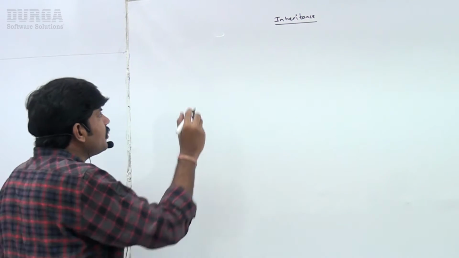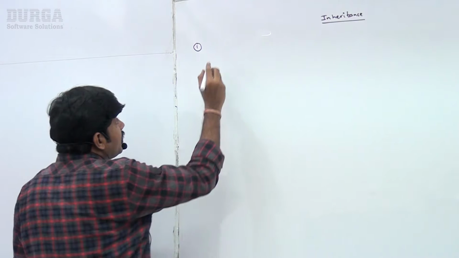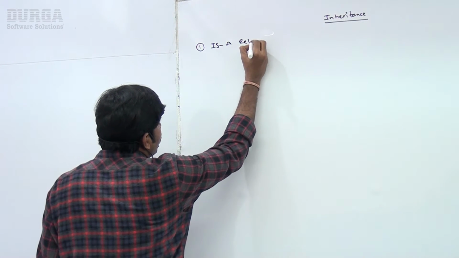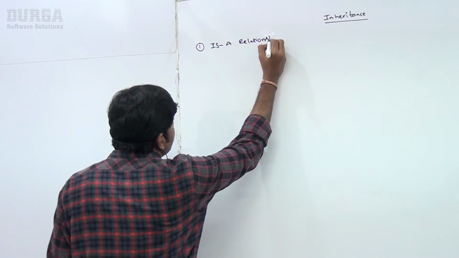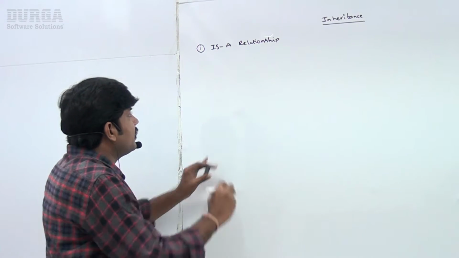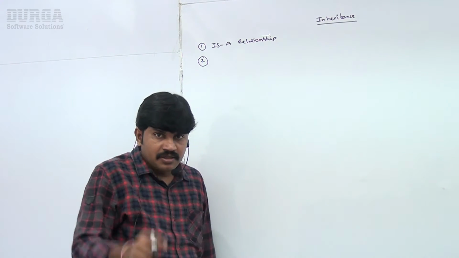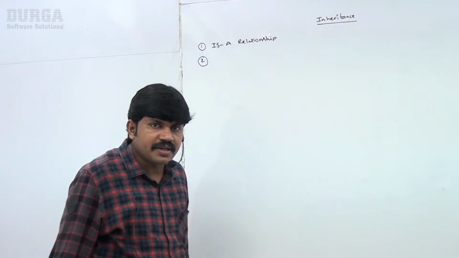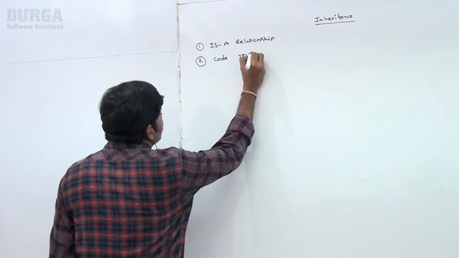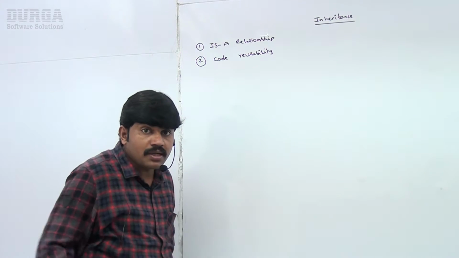The first point you should be aware of, inheritance is also known as is a relationship. Next, the biggest advantage of inheritance is code reusability.